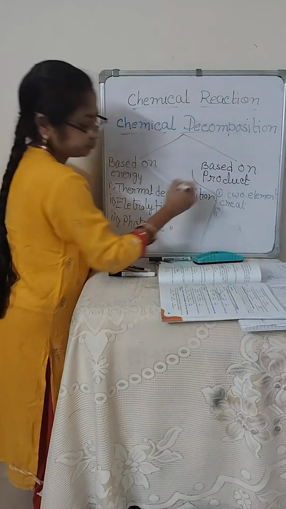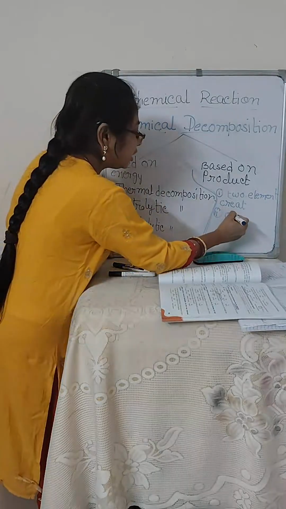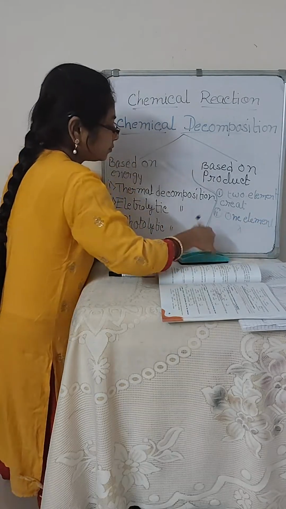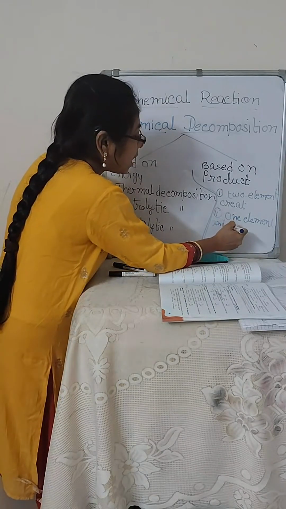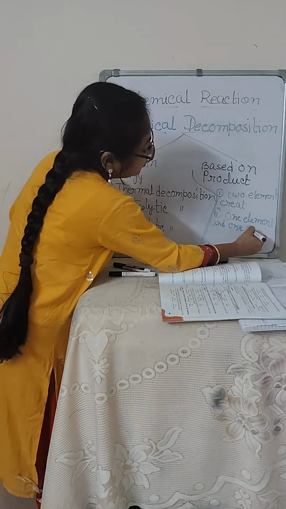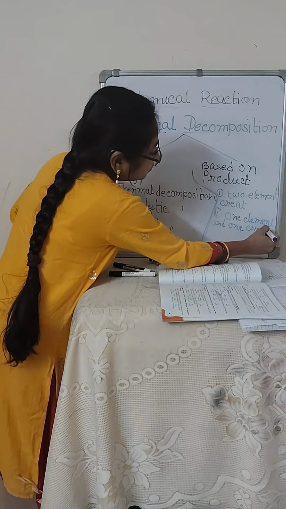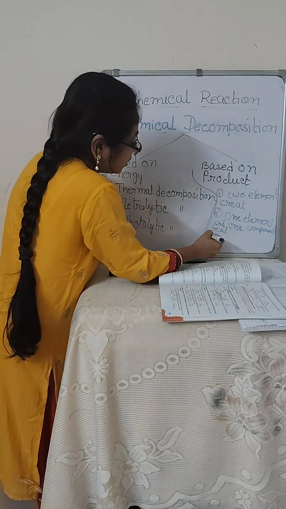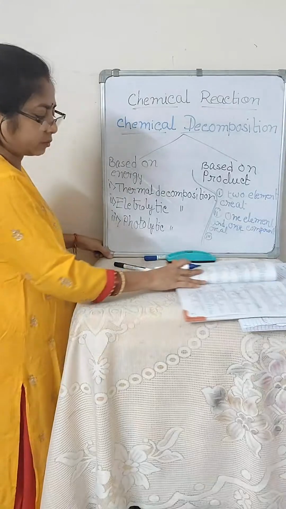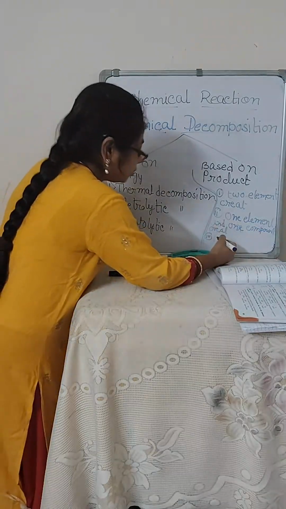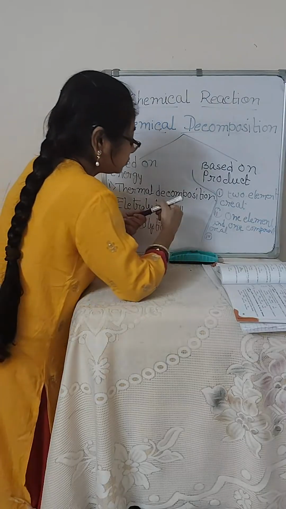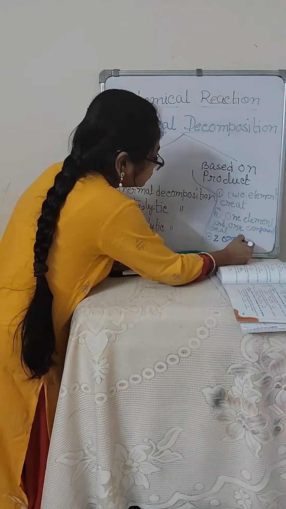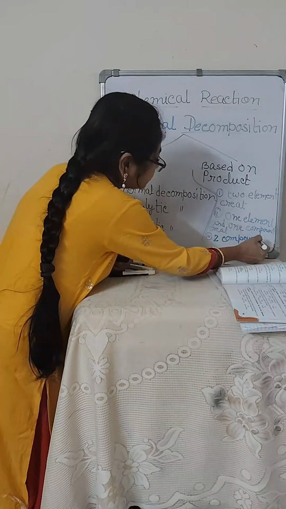Number 2, 1 element and 1 compound create. Number 3, 2 compounds create.